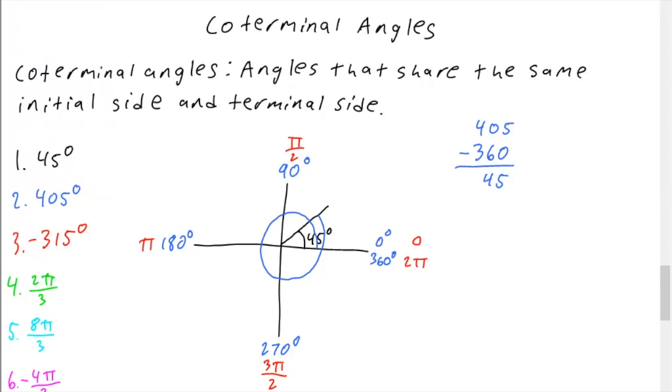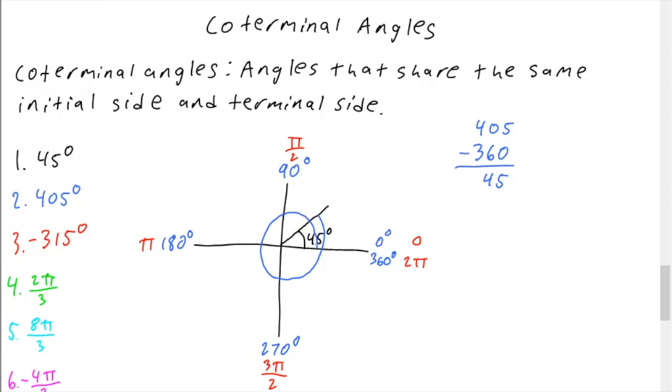And then let's look at negative 315. So, same thing. We can't go in the negative, can we? Or can we? Going in the negative would start at the same spot and go backwards.